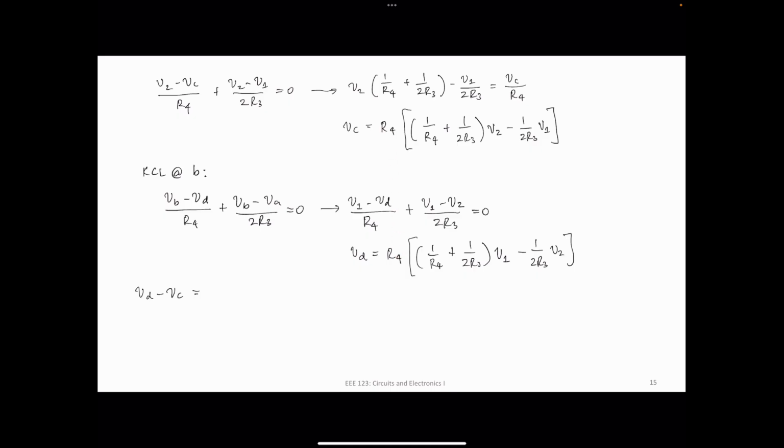What am I going to get? 1 over R4 plus 1 over 2R3 V1, minus 1 over 2R3 V2, minus 1 over R4 plus 1 over 2R3 V2, minus 1 over 2R3 V1. Yeah, that's right, no?